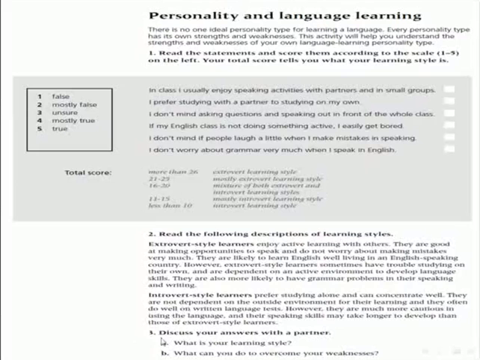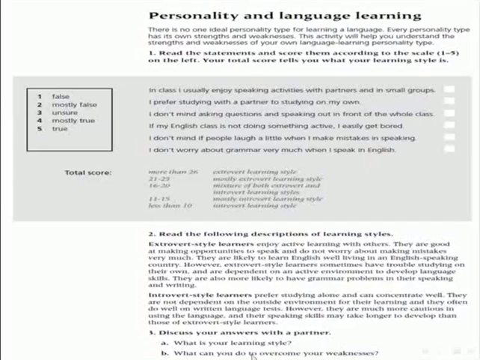Question 3. Now, discuss your answers with a partner. Here, you read the questions and ask your colleague, and your colleague will ask you and give answers. Question A. What's your learning style now? Ask your friend and your friend will ask you, and say why.